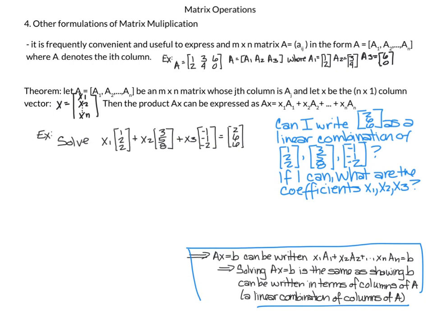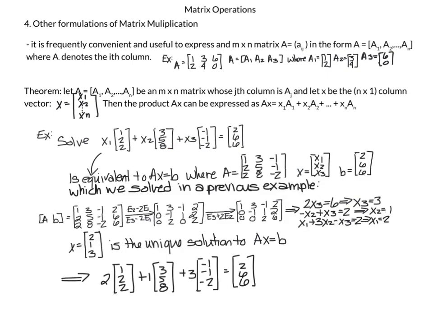Or stated another way, how can we write 2, 6, 6 as a linear combination of these three vectors? What coefficients need to go in front? And we know how to solve this because we can just use the same techniques we used for our systems of linear equations. In other words, this is equivalent to the Ax equals b problem, where A is just concatenating the column vectors, x is equal to our unknowns, and b is equal to this 2, 6, 6.